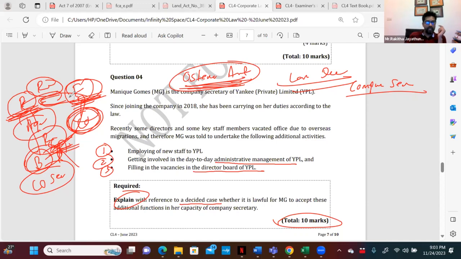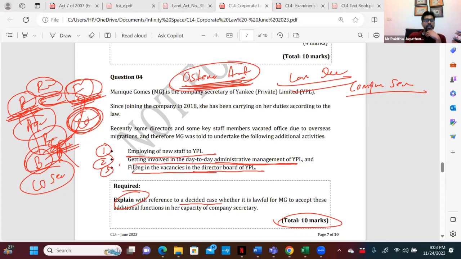Now we have been given three options. Basically three situations. Can this company secretary employ new staff? Yes, he can, because he has the ostensible authority to do that. Getting involved in day-to-day administrative work, yes, of course. That's why I told you he's an administrative officer, he can do that.